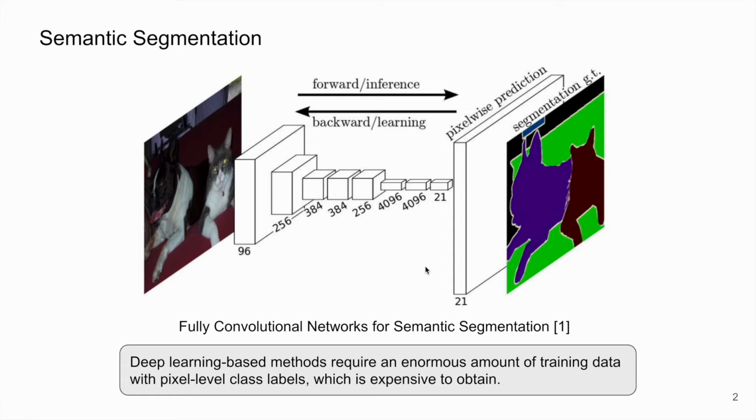Weakly supervised semantic segmentation intends to train a semantic segmentation model with weak supervision, such as bounding boxes, points, or image-level class labels. Our work particularly focuses on weak supervision with image-level class labels.